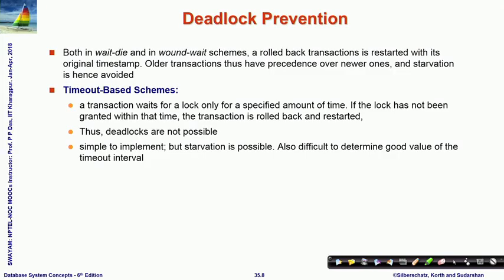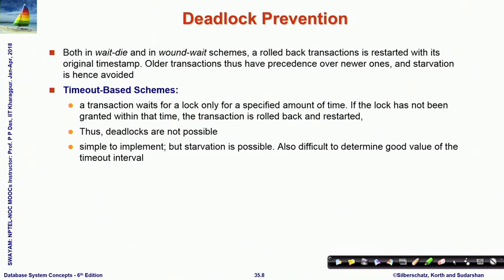Then you usually have a timeout-based scheme. A transaction waits for a lock only for a specified amount of time. If the lock has not been granted within that time, the transaction is rolled back and restarted, and therefore deadlock is not possible. It's simple to implement, but starvation can happen in the timeout-based scheme. It is also difficult to determine a good time interval to wait.